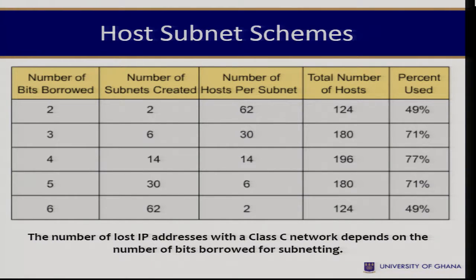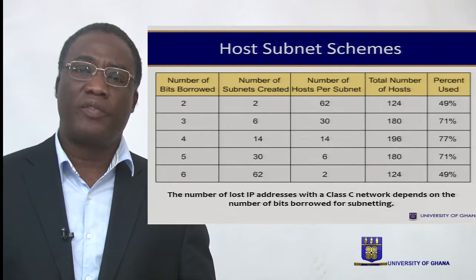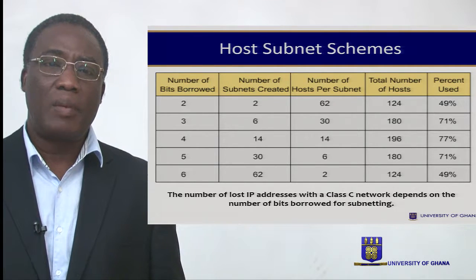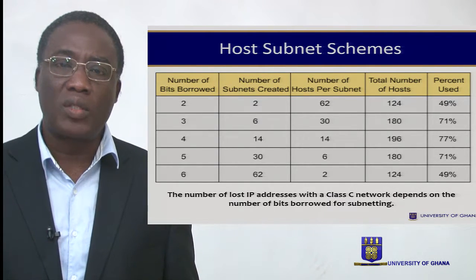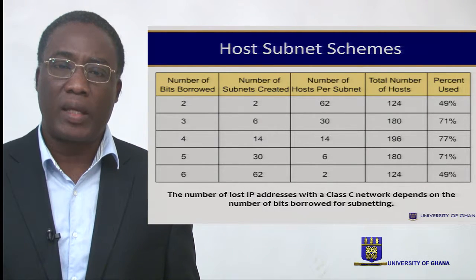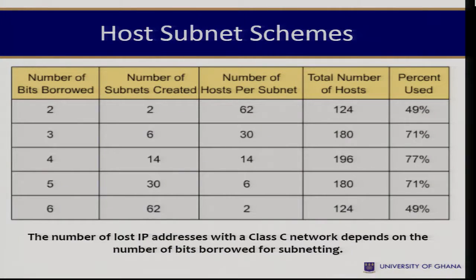So 6 times 30 gives you 180, meaning you can have 180 different hosts on your network. The same way you can calculate for the rest of the items to see the number of bits borrowed, how many hosts you can have on the subnet, and how many hosts in the network as a whole. The last column gives you the percentage utilization.